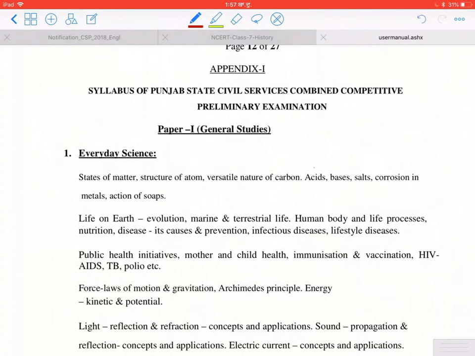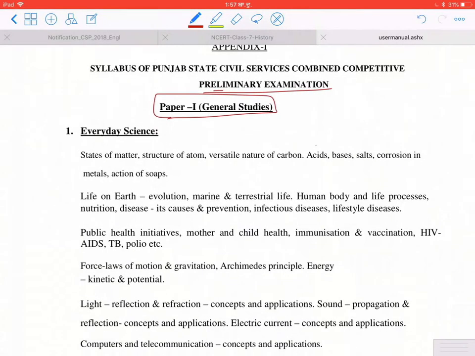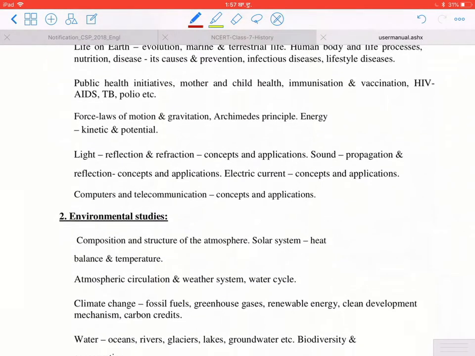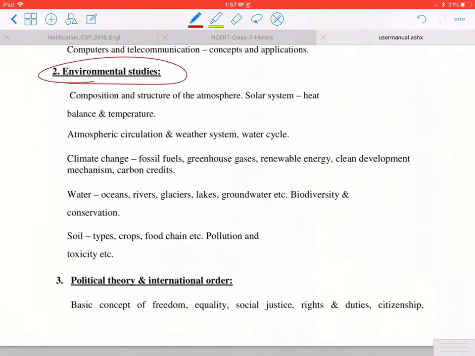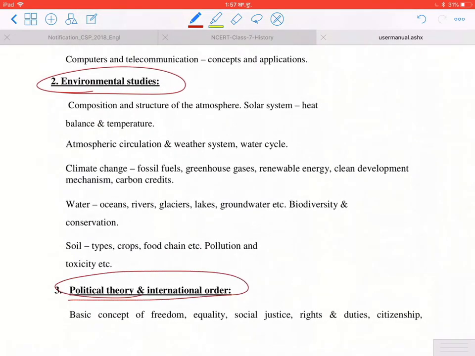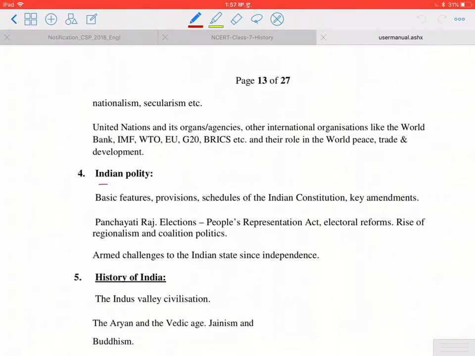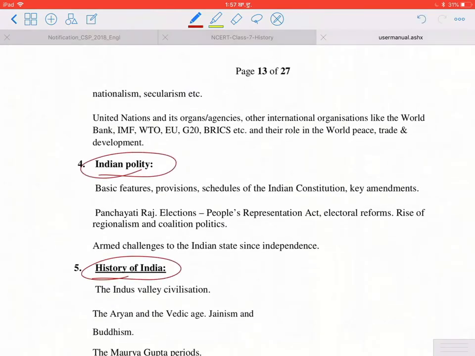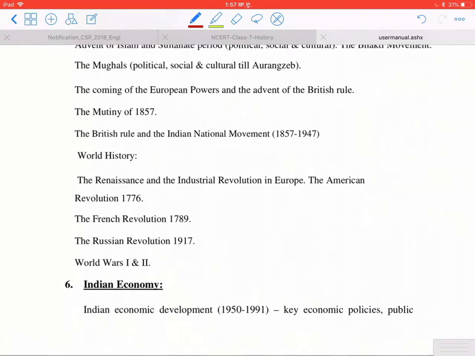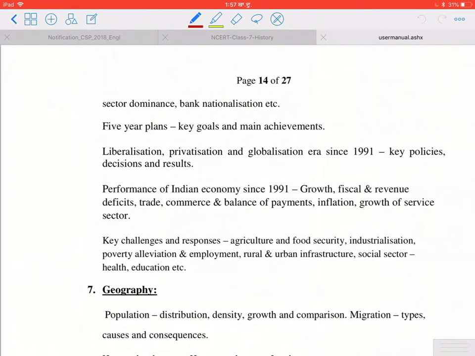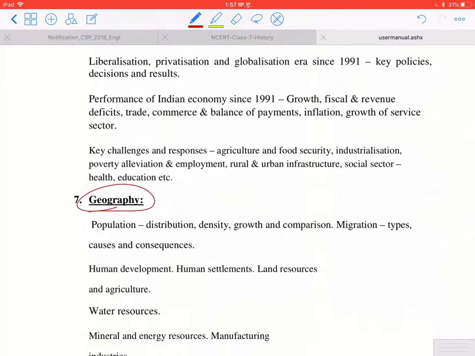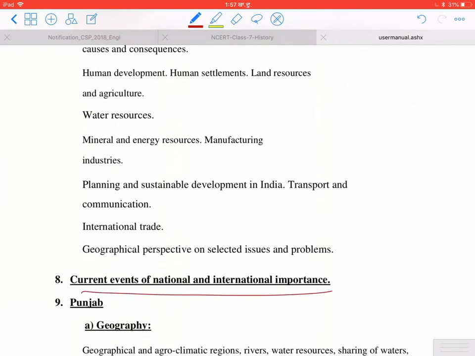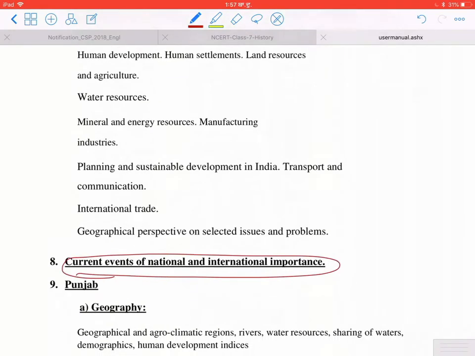So this is the syllabus of your preliminary examination, General Studies paper 1. It covers first everyday science, then environmental studies, political theory and international relations, Indian polity, history of India. After that it covers Indian economy, geography, current events of national importance.